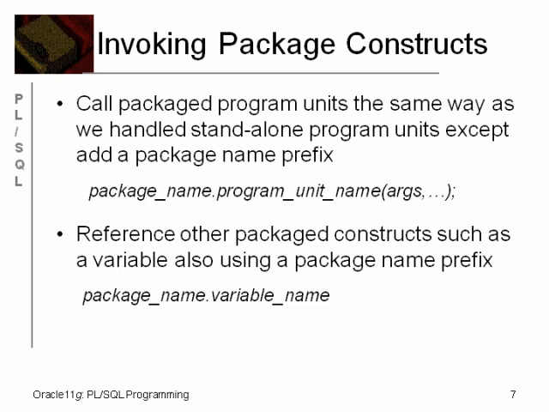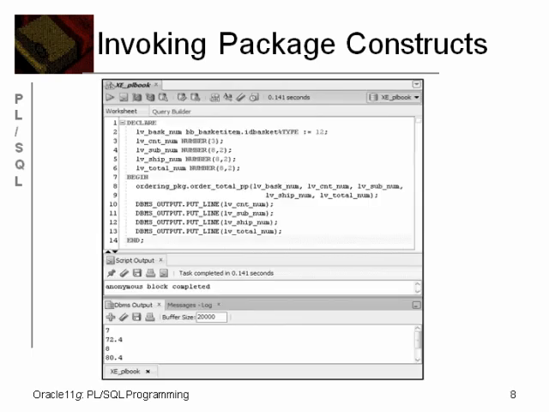So it's package name dot program unit name, and then in parentheses we put the arguments. And the same thing with variables. If you want to reference a packaged variable, it would be package name dot variable name instead of just variable name by itself. So that's fairly straightforward. Only thing we're adding is the package name dot before what we're used to doing.